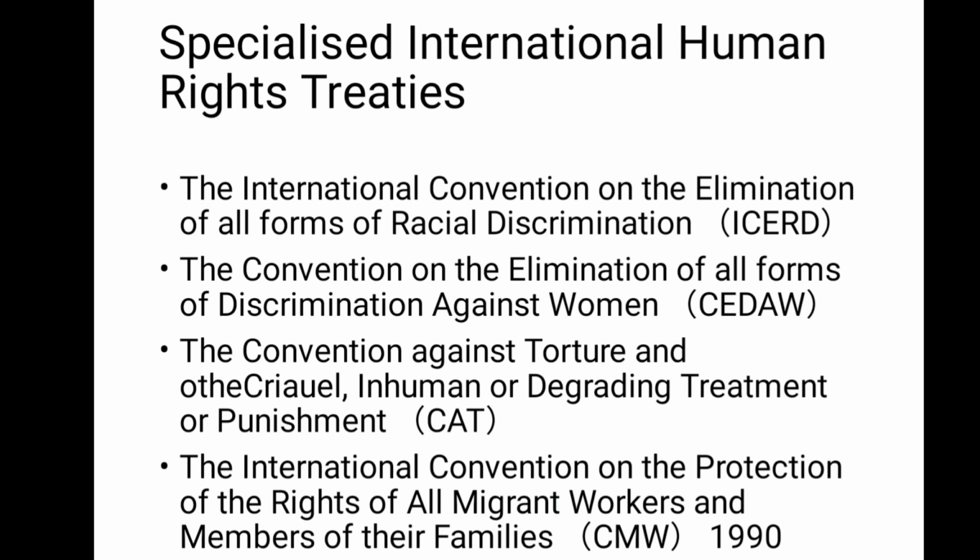Then, another part of this convention also allows the state to take special measures for the purpose of facilitating the progress of certain racial or economic groups or individuals that require such protection, so that there is equal enjoyment of the rights and freedoms that are guaranteed in the convention.